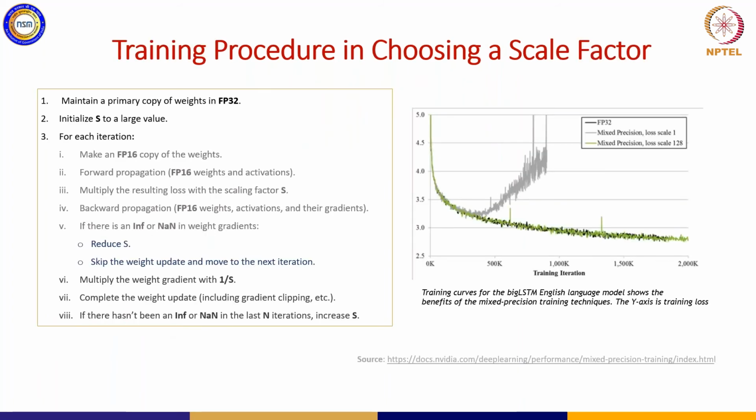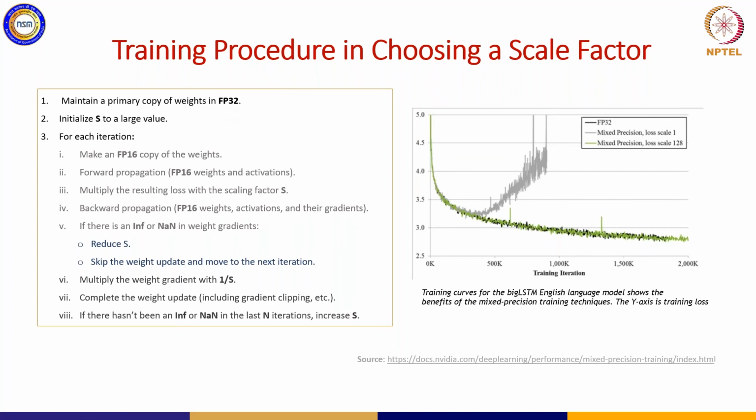So how do we now train? While you are trying to pick that scaling value, you need to test it during your training and see that this value is scaling well and it's not leading to overflow, or that you are not experiencing an underflow. So the first thing you do, this is an algorithm here, is that you maintain the primary copy of your weights in FP32.